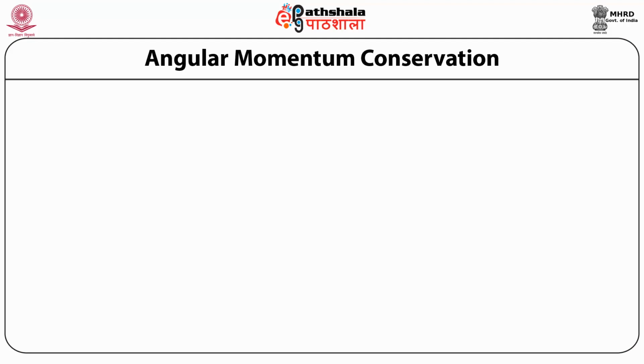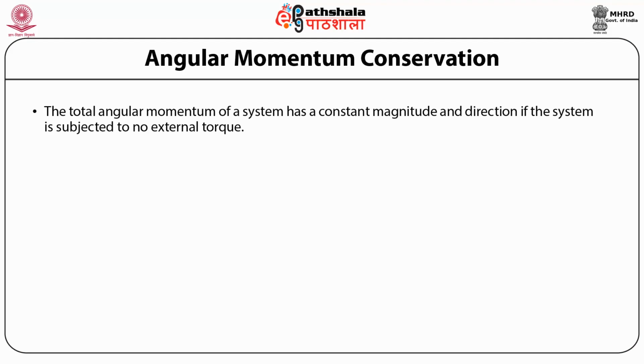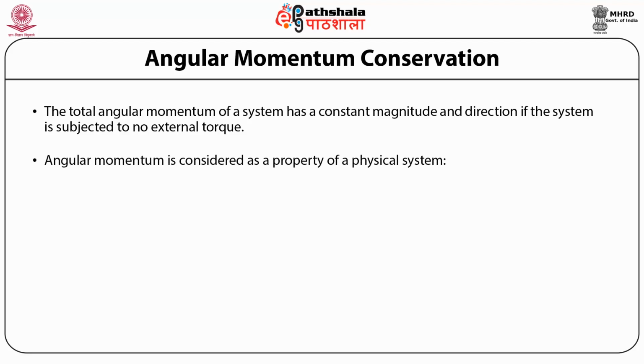Angular momentum conservation. The total angular momentum of a system has a constant magnitude and direction if the system is subjected to no external torque. Angular momentum is considered as a property of a physical system. The system experiences a spherically symmetric potential field.